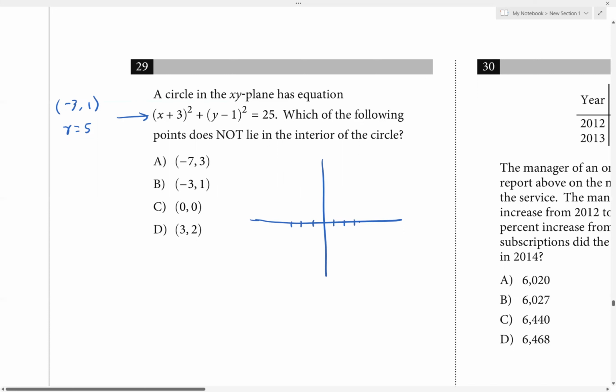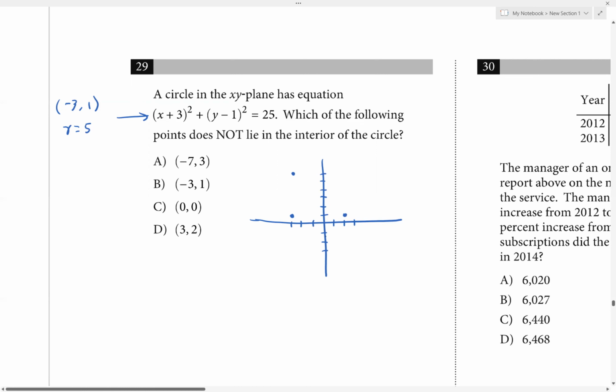Let me draw the axes first. So 3 to the left, 1 up. This is the center of the circle. And then the radius is 5, so we go 5 each way. So 1, 2, 3, 4, 5, and 1, 2, 3, 4, 5, 6 up here.